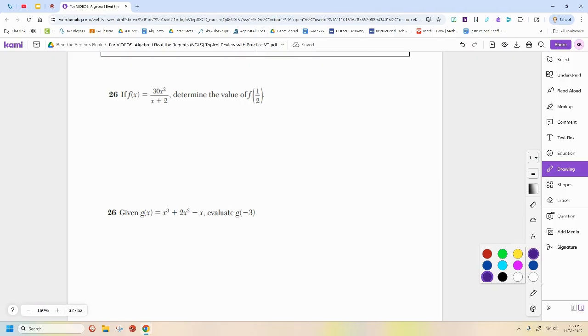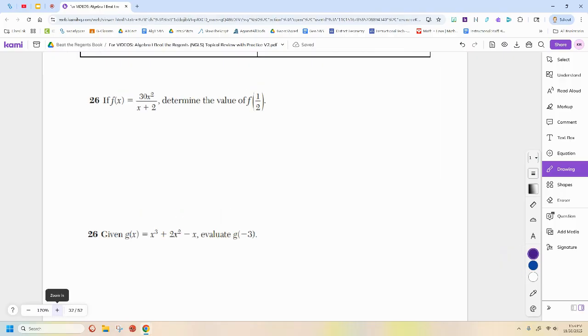So let's look at this first question and see what the work has to be to get full credit. It says if f of x is equal to 30x squared divided by x plus 2, determine the value of, and then don't lose that, f of 1/2. Now, if you're not happy with a fraction, half is equal to 0.5, and you can choose to plug that number in also.